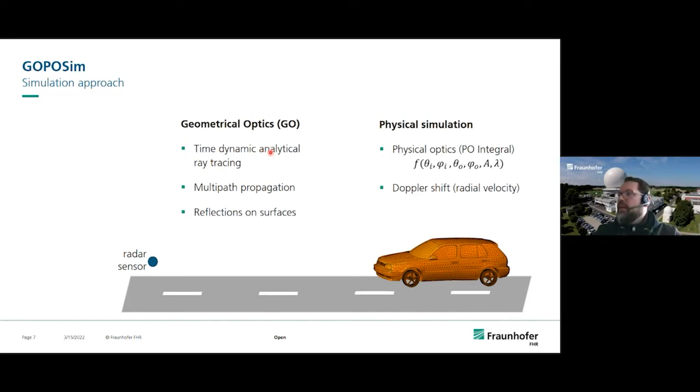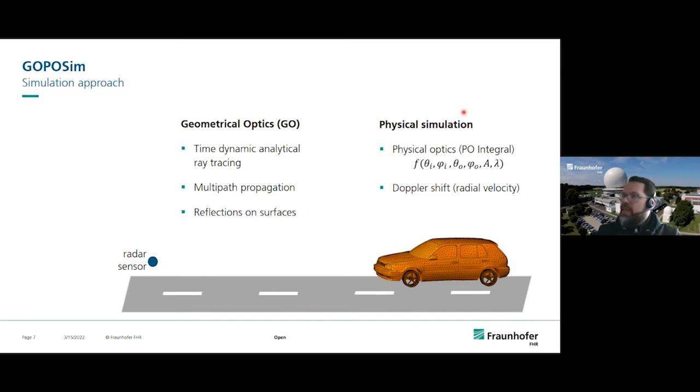And so we can at least consider to a certain amount multipath propagation, although not to the same extent as shooting and bouncing rays. And this is based mostly on the assumption that we have mirror sources, so we can make use of reflection on surfaces.